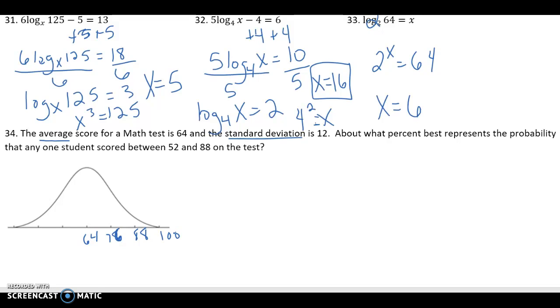Got to get the calculator because it's math, right? All right, so 64 minus 12 is 52, minus 12 is 40, minus 12 is 28. All right, my percents, right?